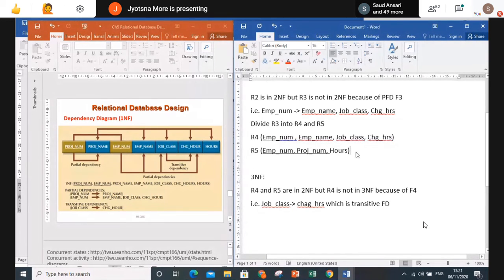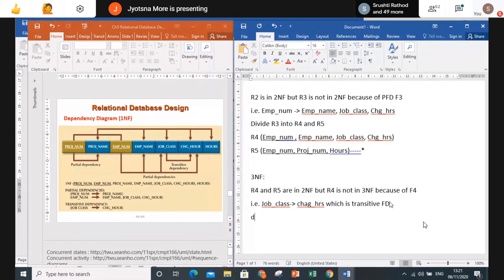So I can say here also, if you want, you can put a star. Okay? Clear, everyone? Now we have to break R4, right? Therefore, put 3 dots.